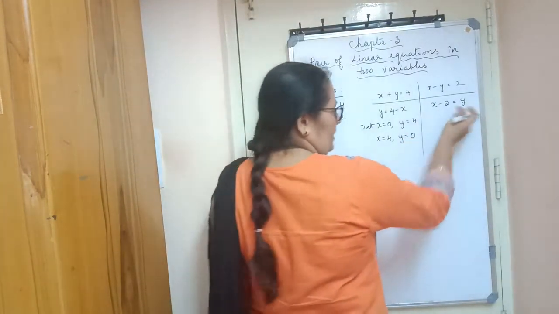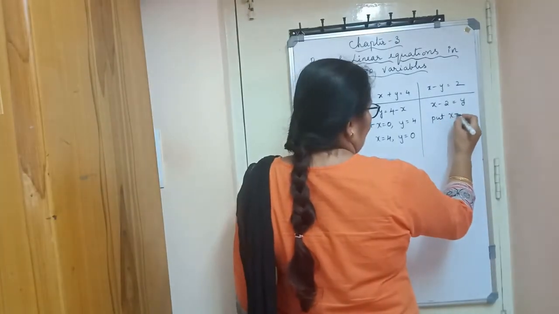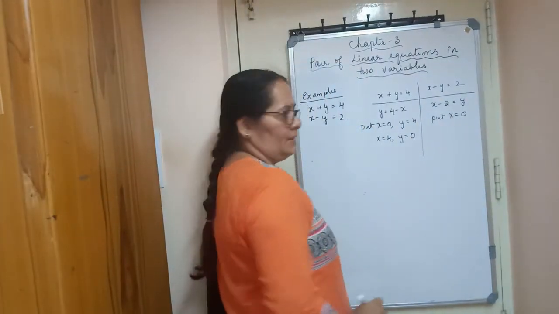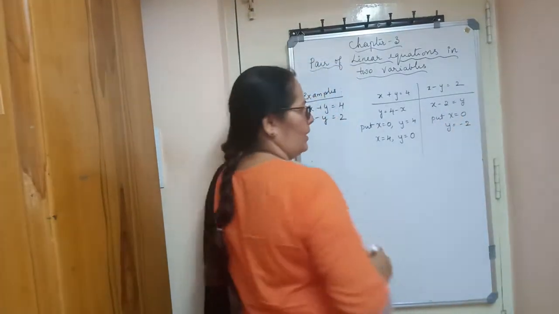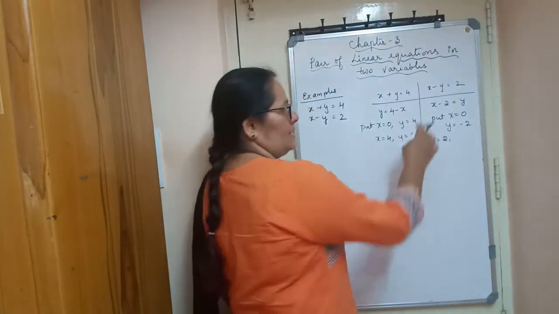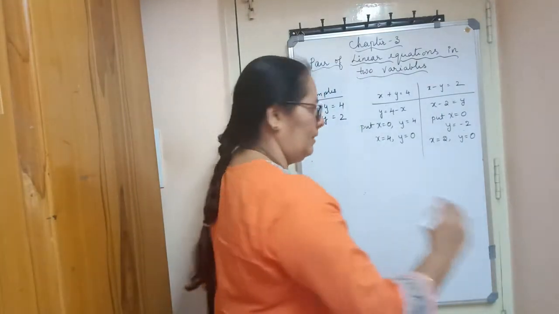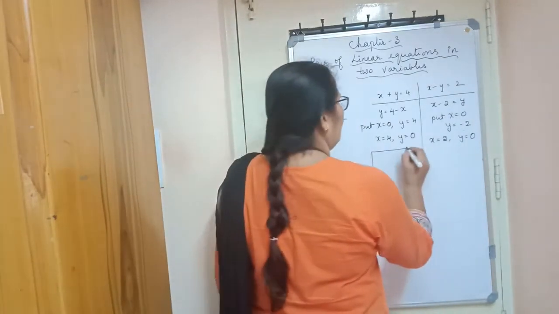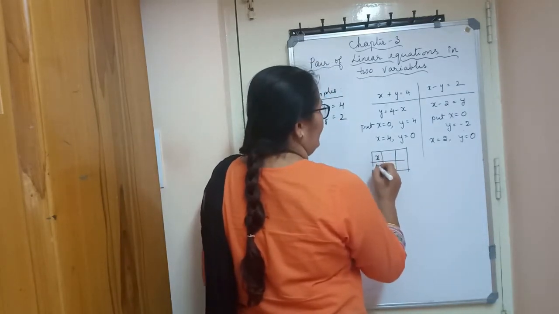Then, in the other equation, put x as 0. Then what will you get for y? y equals minus 2. If you put x as 2, then y equals 0. Then you have to make a table to write all these coordinates.